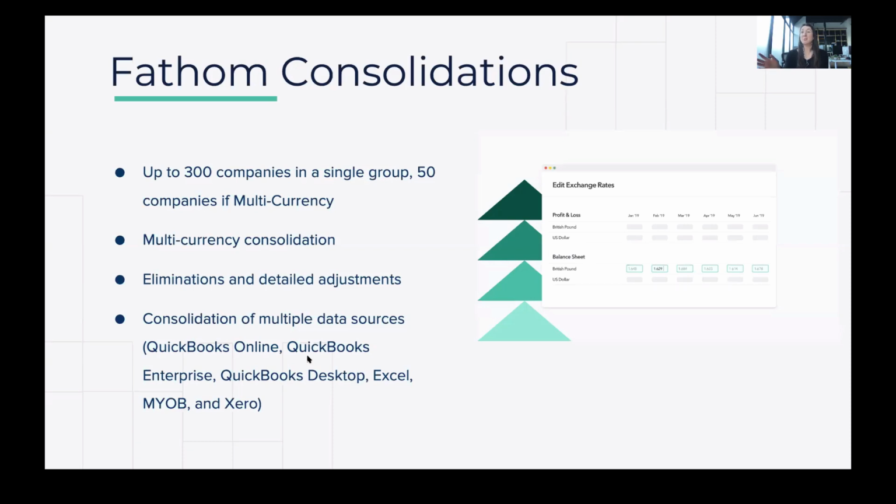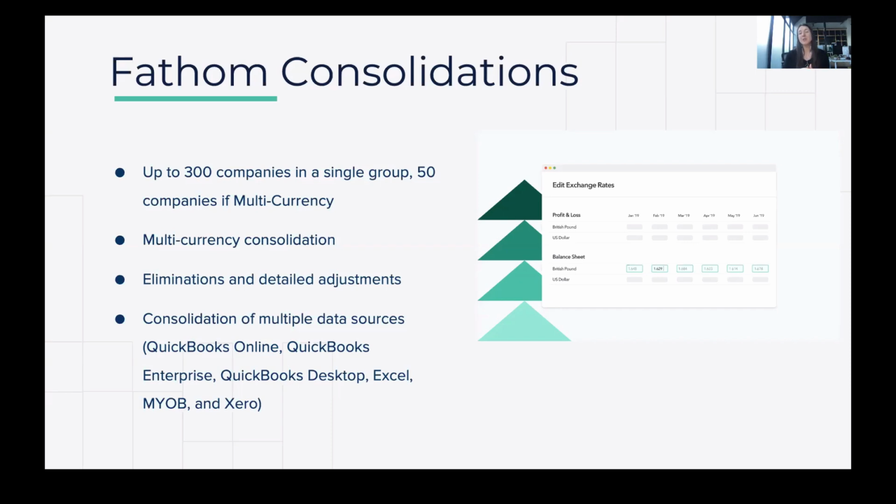Before I pop into the product and walk you through the setup and creation, a few quick facts, just so that you can evaluate whether this functionality will work for you. Fathom allows up to 300 companies in a single group, 50 companies if you have a multi-currency consolidation. This ties nicely into my next point, but Fathom supports 97 of the world's most major currencies.